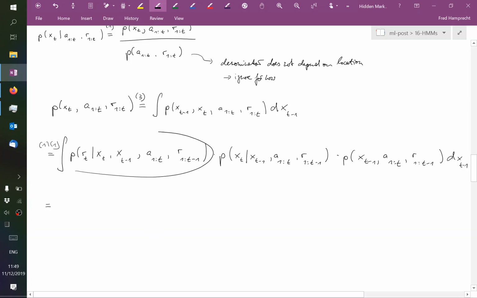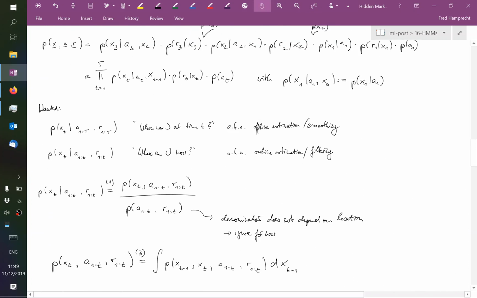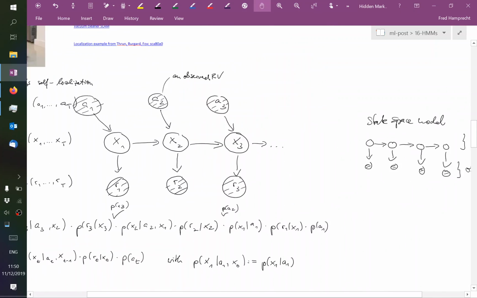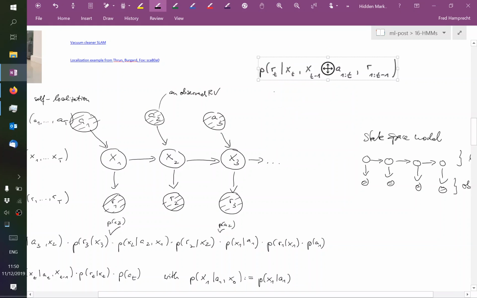Now let's look at this probability here. The conditional probability of the sensor reading at time t, given all of these other things. Let's compare this to the graphical model that we have drawn. So I'm scrolling up to the graphical model. I'm putting the equation here so we can look at it at the same time. So let's say this reading at time 3. Let's say this one here.